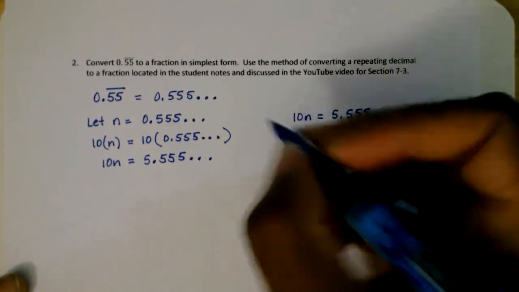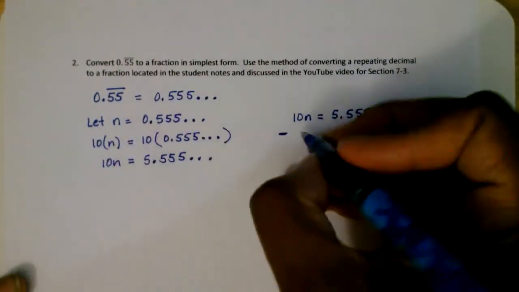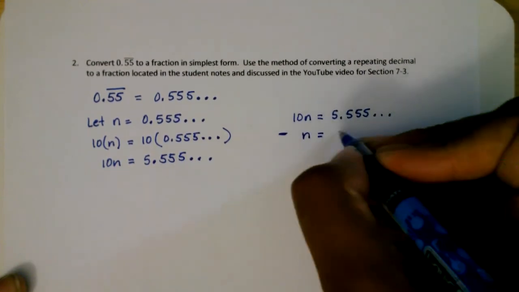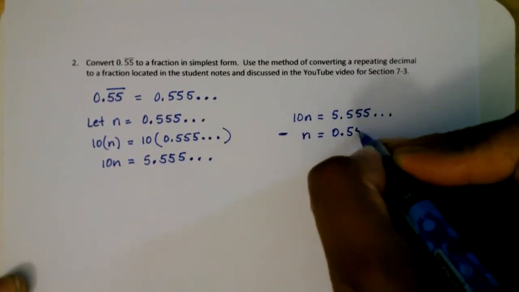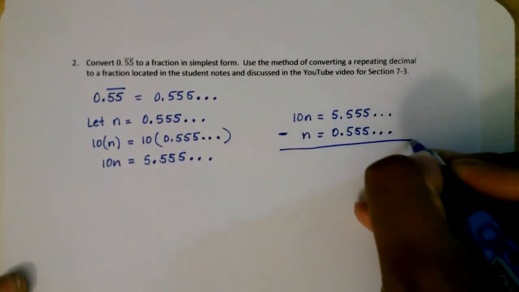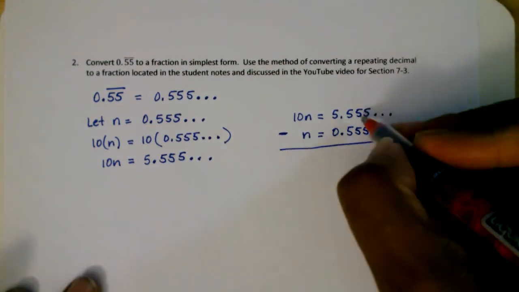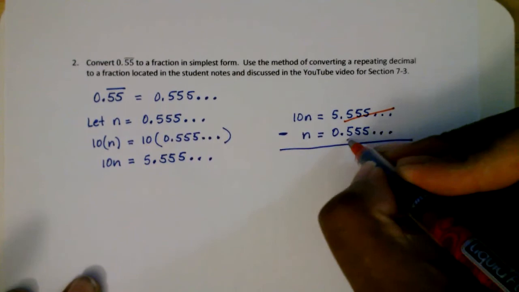Now I'm going to subtract from that what n is equal to. Your n is that equation, 0.555, repeating. I'm going to subtract those two equations. Notice on the right side when I do that, the repeating part is gone.